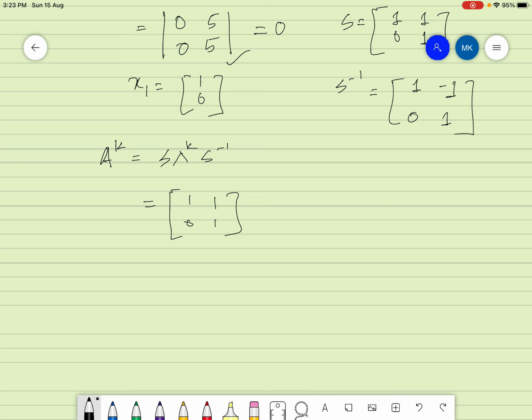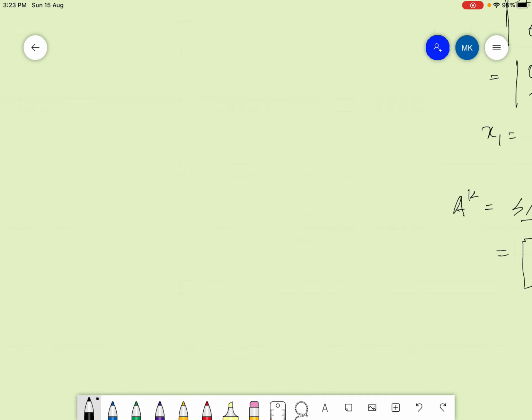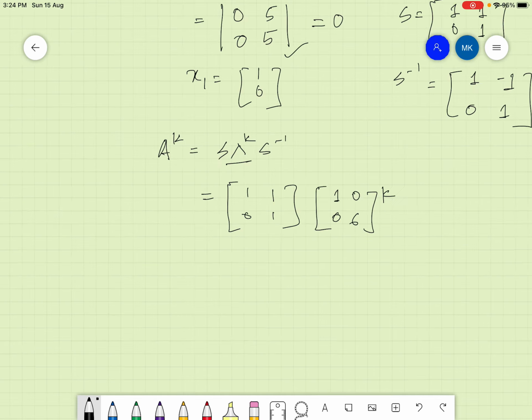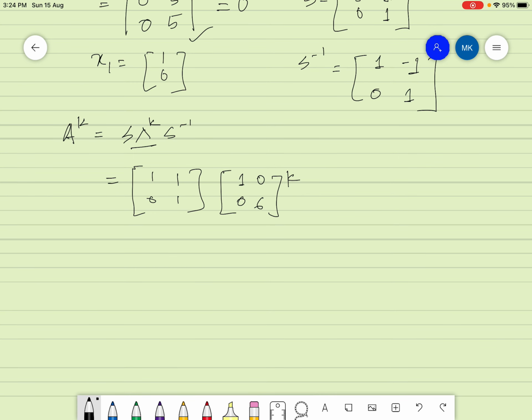So lambda is the matrix with the eigenvalues on its diagonal. So [1 0; 0 6] to the power k and [1 0; negative 1 1].